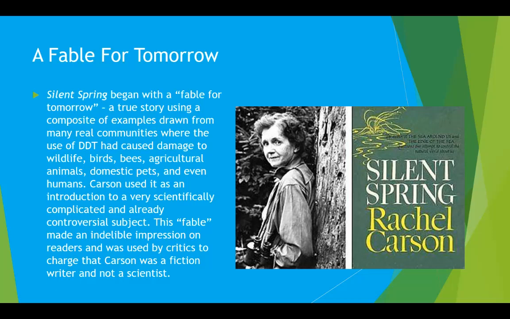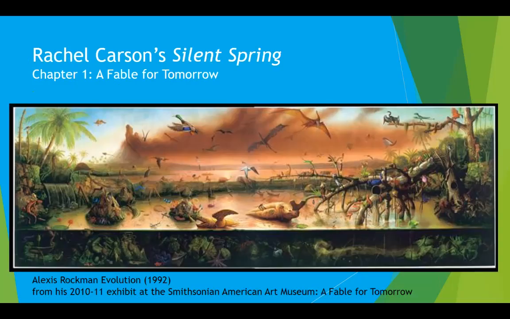So, what I'd like to do for you today is read that first chapter to you so that you can kind of have it in mind. And as we do so, I've included a painting here by Alexis Rockman.